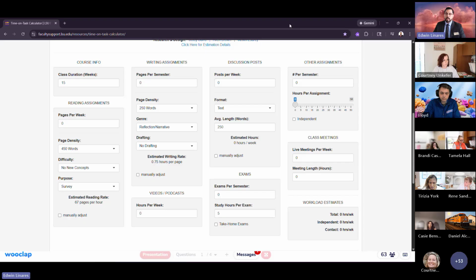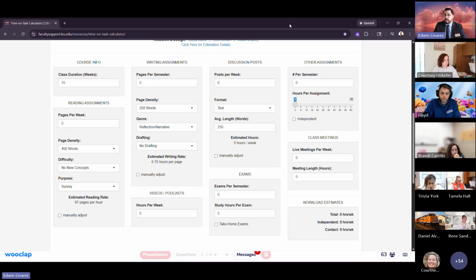Okay. So as far as the lab hours that are required by the workforce manual, this tool doesn't necessarily give you that calculation as to how many hours they're putting into those lab hours, the practice hours.